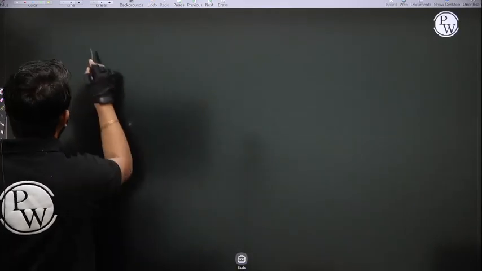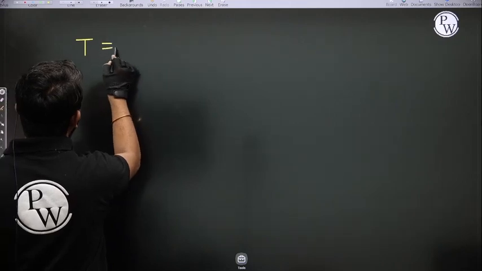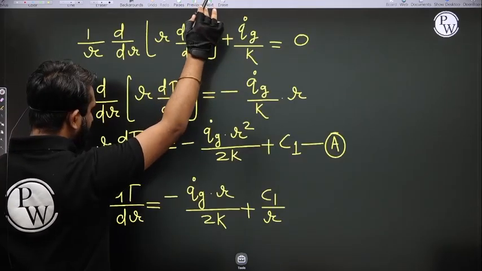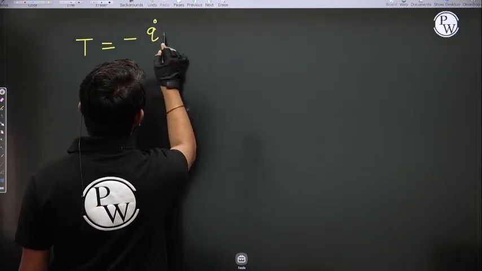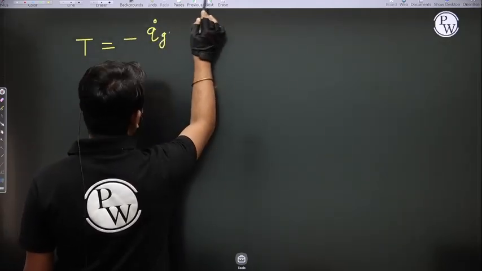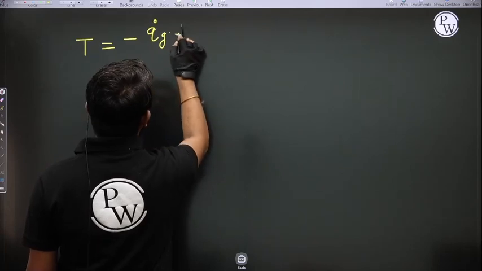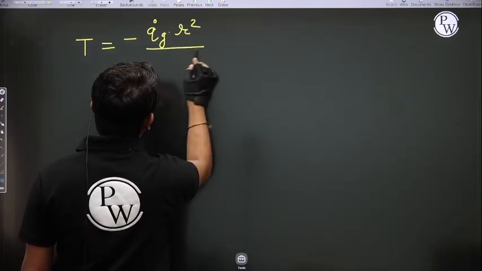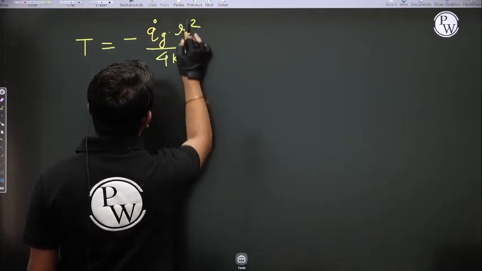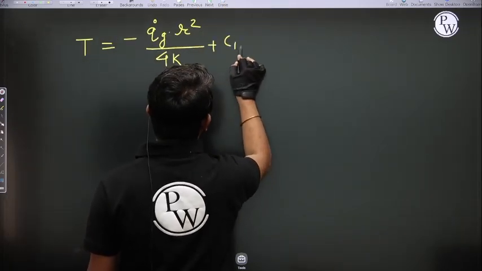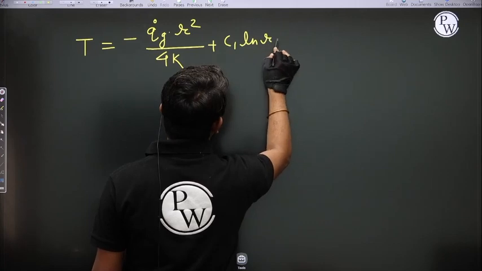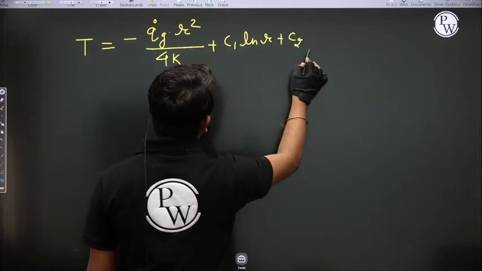So temperature T of R is equal to minus q dot g into R square by 4k, plus C1 ln R, plus C2. This is equation number B.